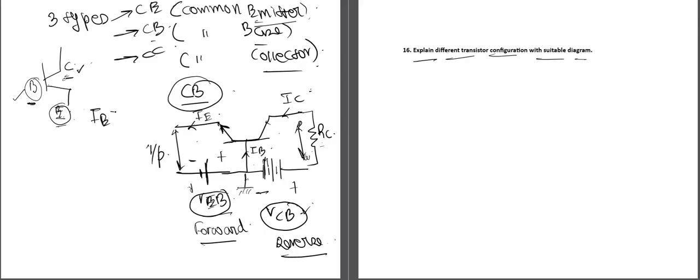The collector voltage V of CB is kept constant throughout. So IE, the emitter current, is equal to IB plus IC. This is the common base mode configuration.